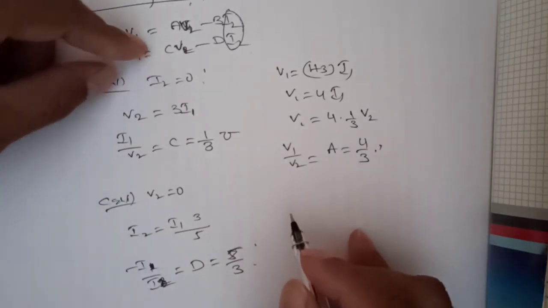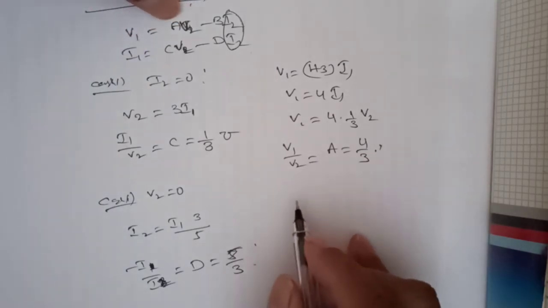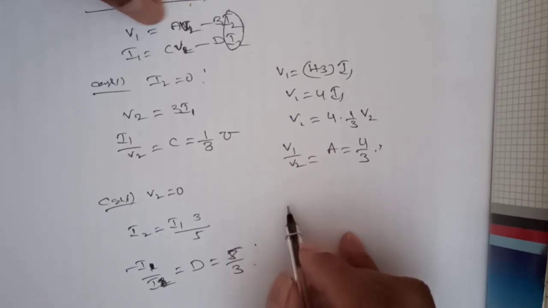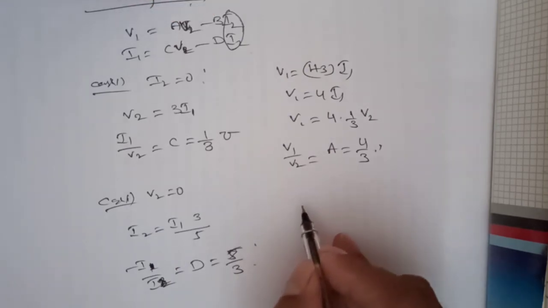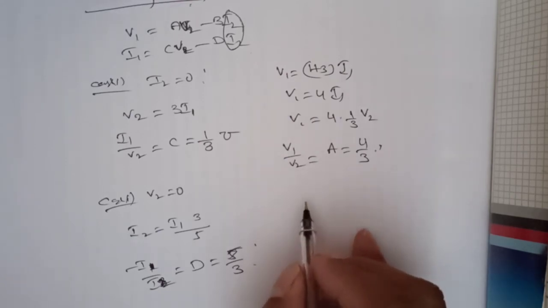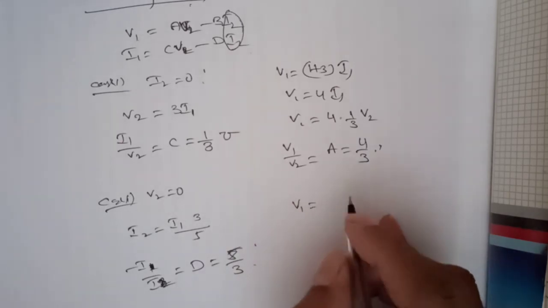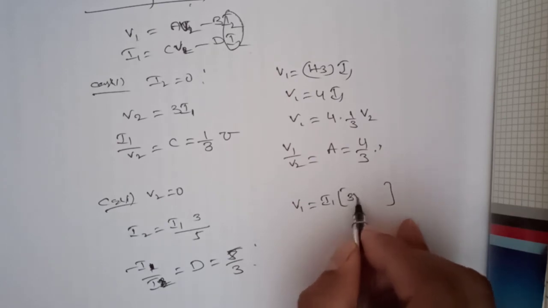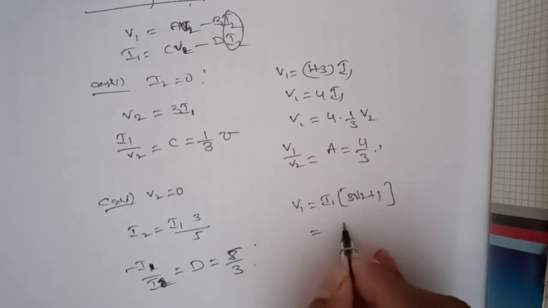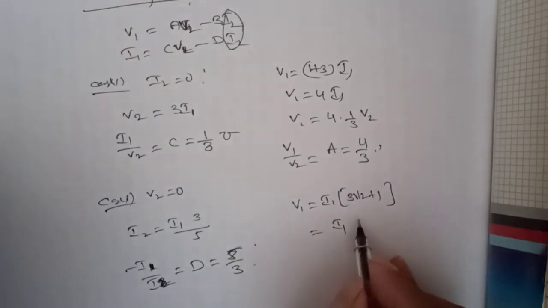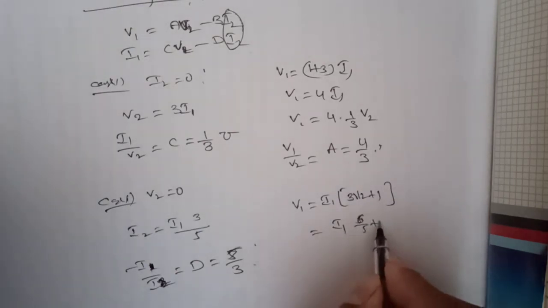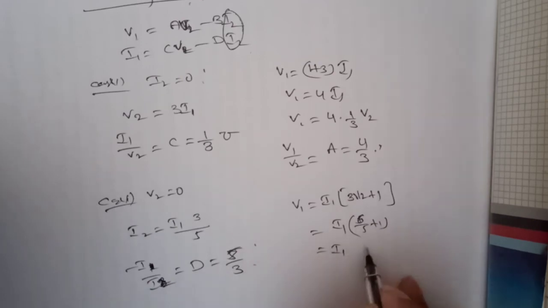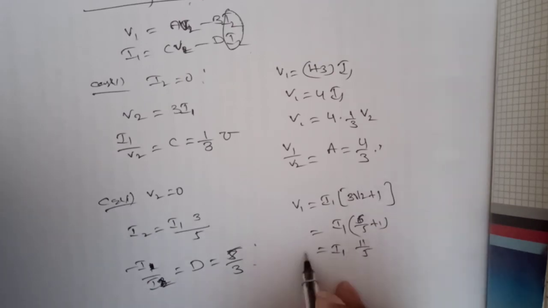Next, let us take the first equation. If you want to get the V1 in terms of I2 relation, first find the V1 and I1 relation. What is V1? Total current into the total resistance offered by the circuit, 3 parallel to 2 plus 1. So I1 into 6 by 5 plus 1, that is nothing but I1 into 11 by 5.